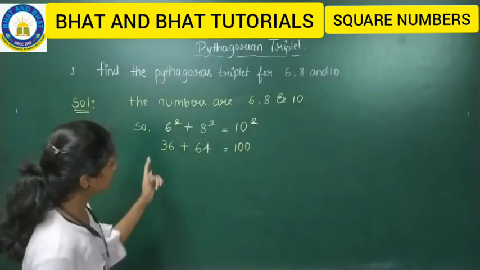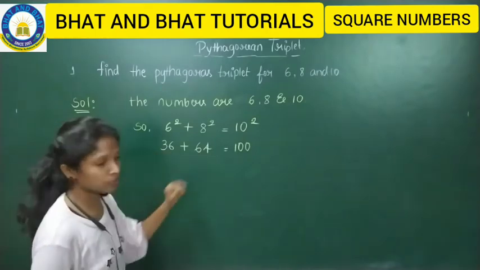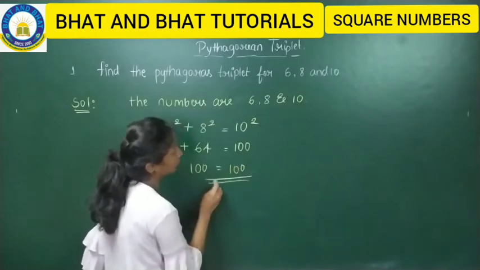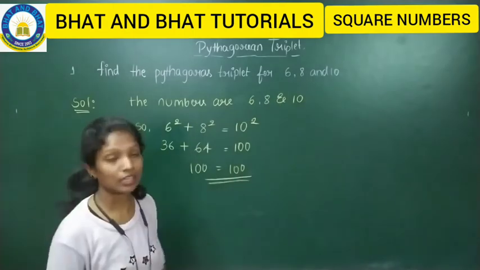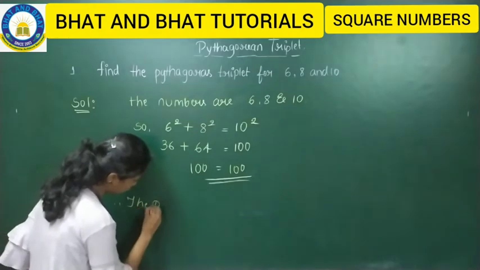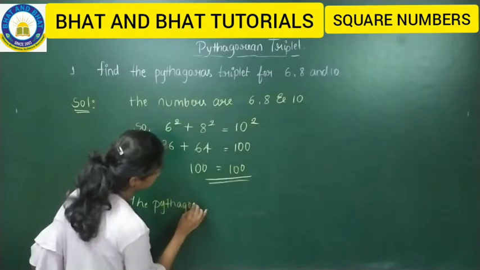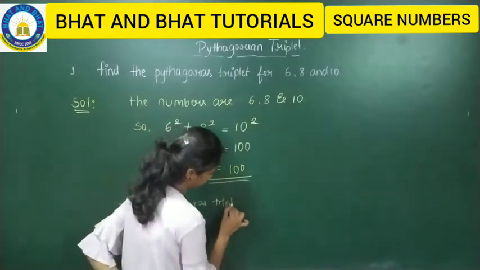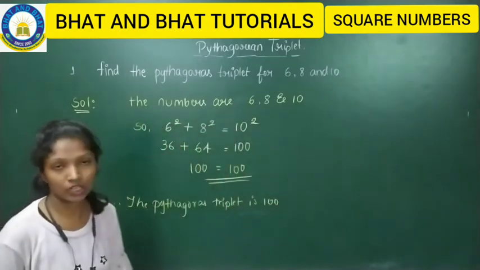Now 36 plus 64: 36 plus 60 is 96, plus 4 is 100, which is equal to 100. So the Pythagoras triplet for these three numbers is proved. Got this?